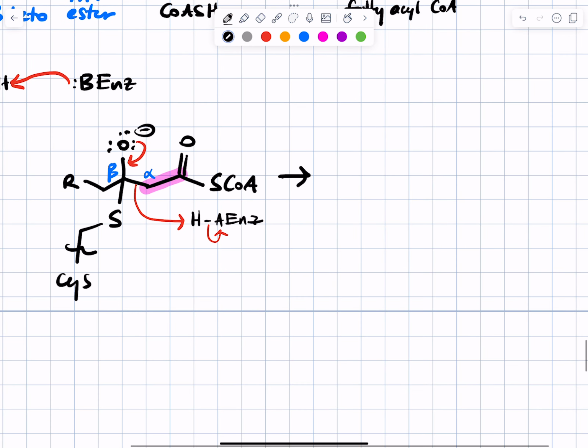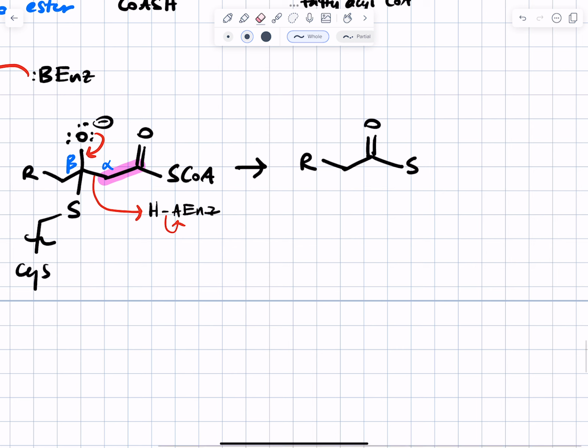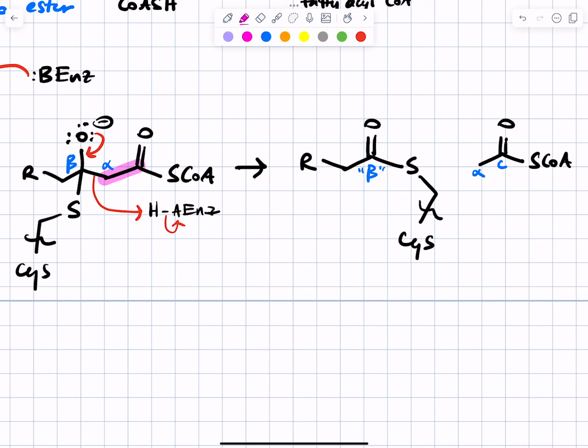That's going to get rid of acetyl-CoA. And then you will see that what used to be the beta carbon is now a thioester that is linked to the enzyme. So you have this enzyme-linked thioester. This is the old beta carbon, and this is acetyl-CoA.